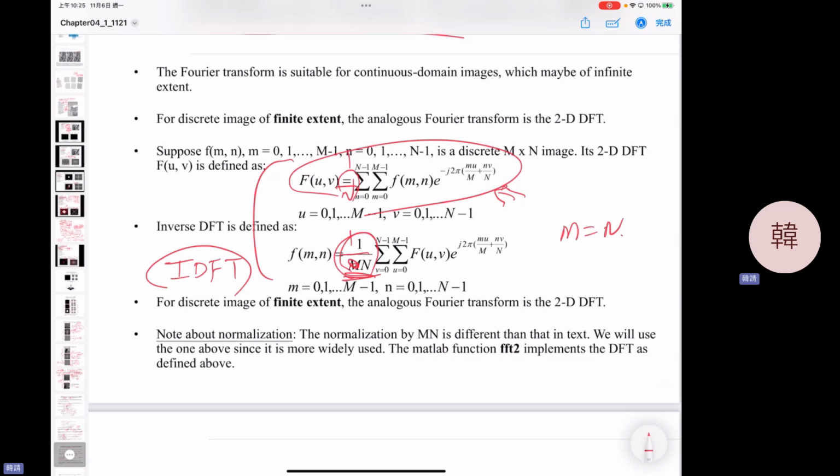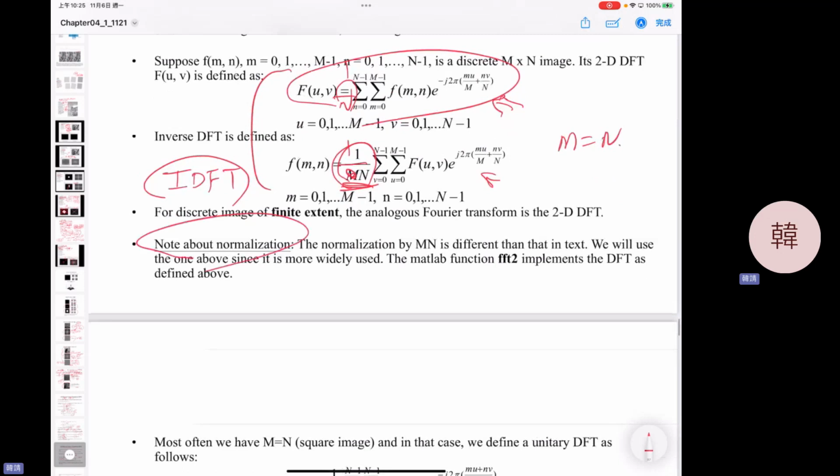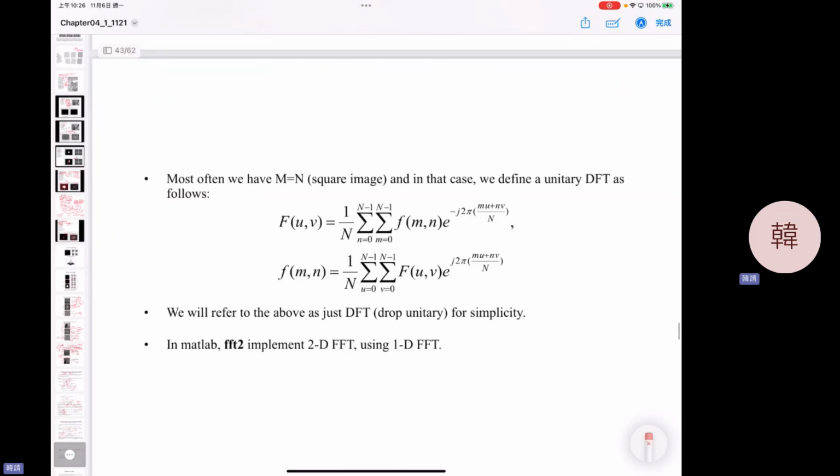But I think in MATLAB they use this definition to calculate, so sometimes you have to divide it back. Okay, this is for the normalization process. So FFT2 uses this definition. Okay, so never mind about the coefficient. It will take care of that coefficient for you. Okay, just know how to use it.